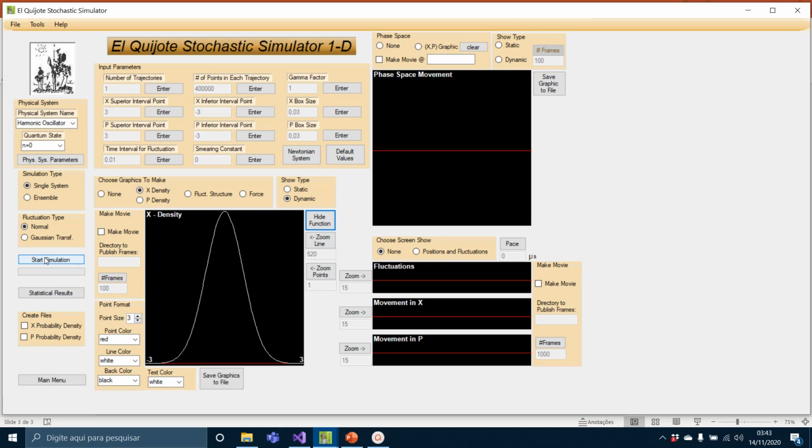I will start that, and we will compare the fulfillment of the configuration space here in terms of time. Let's go. Look what begins to happen.